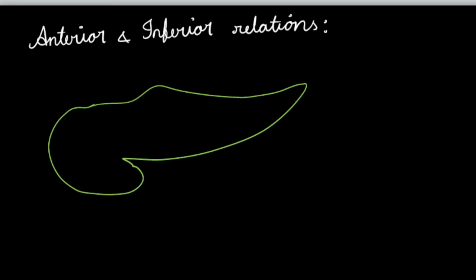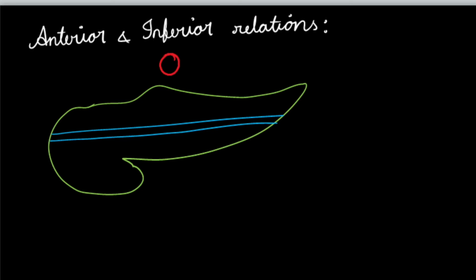So now let us see the anterior and inferior relations of pancreas. This is the root of transverse mesocolon, which is related to the anterior surface. And here we can see the celiac trunk. And we had already seen that the superior mesenteric artery and vein pass near the uncinate process. And spleen is located here, mainly the lower part of the spleen.